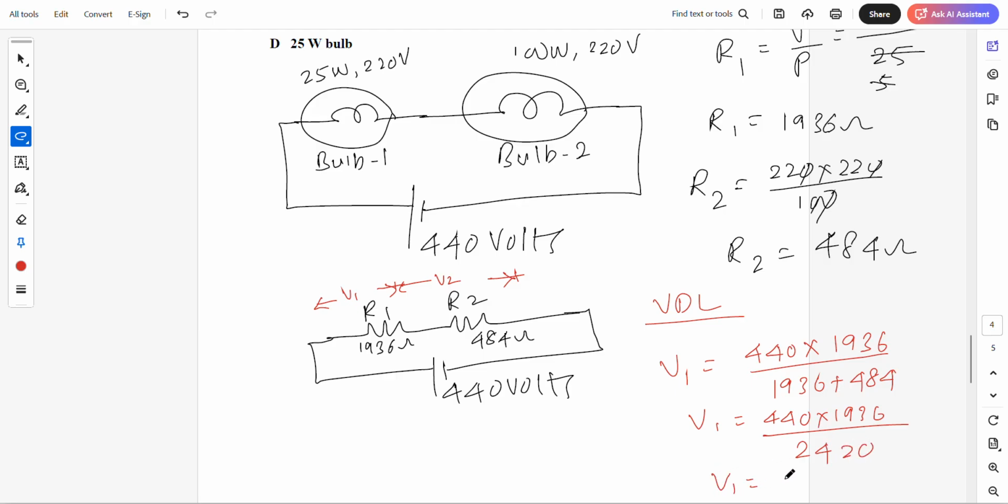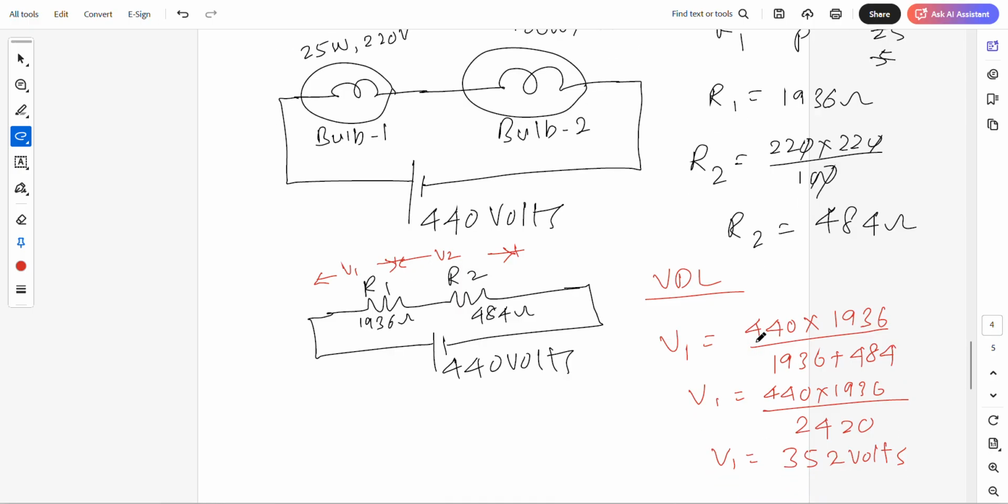If you simplify this, you are going to get V1 equal to 440 into 1936 divided by 2420, which is approximately 352 volts.